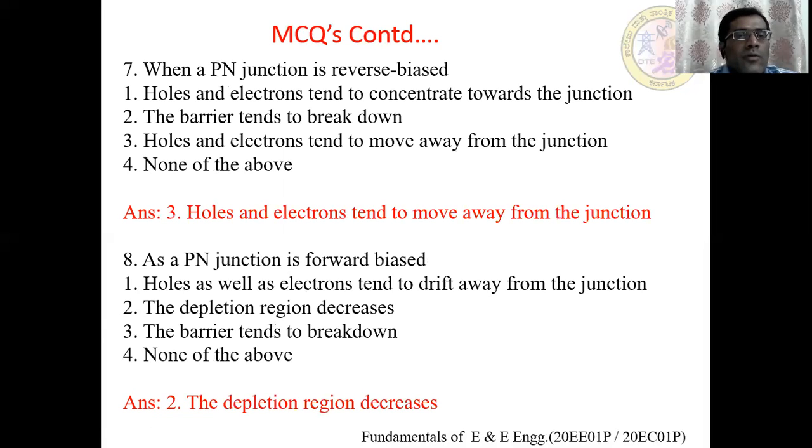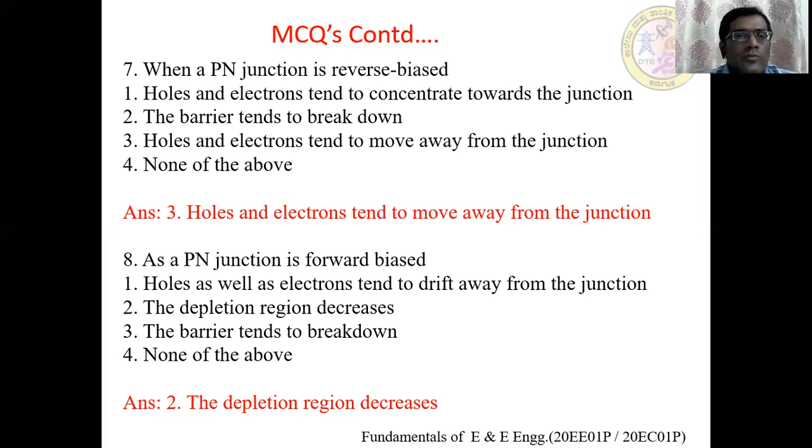Question number 7: when a PN junction is reverse biased, holes and electrons tend to concentrate towards the junction, the barrier tends to break down, holes and electrons tend to move away from the junction, or none of the above. When the PN junction is reverse biased, the holes and electrons tend to move away from the junction, so they will not combine together and no current flows.